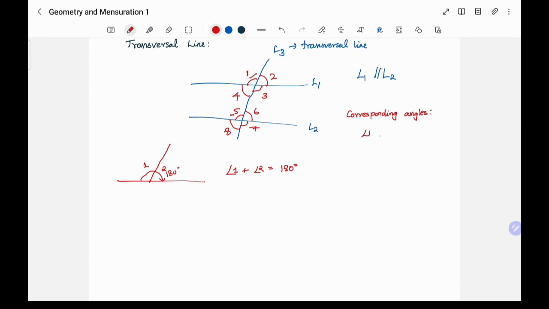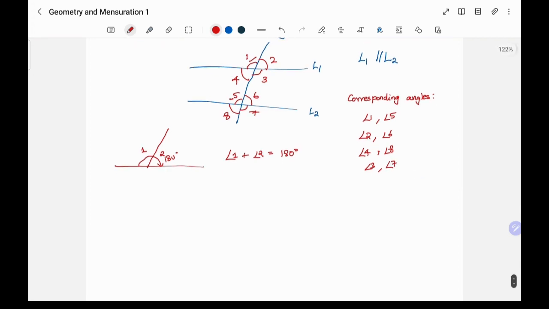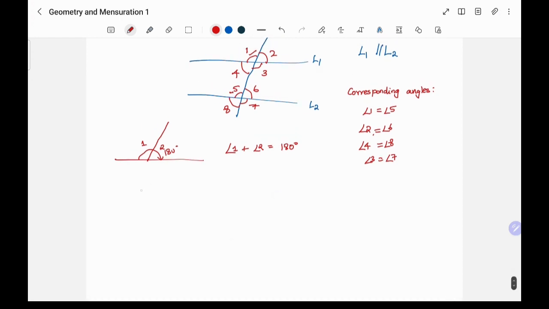So angle 1 and angle 5 are corresponding angles. Similarly, angle 2 and angle 6, angle 4 and angle 8, angle 3 and angle 7 are corresponding angles. So the property is that corresponding angles are equal. So you may ask how or why it is so. Another thing you can observe is angle 4 and angle 5.